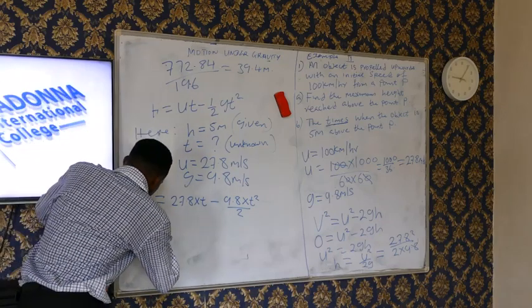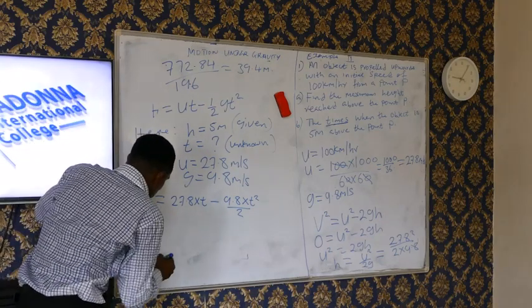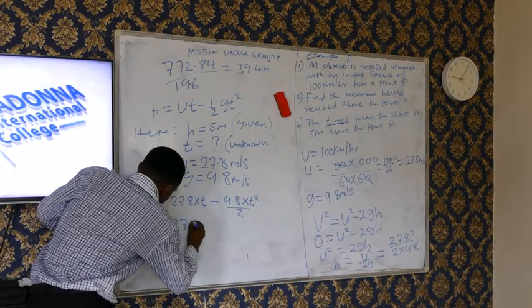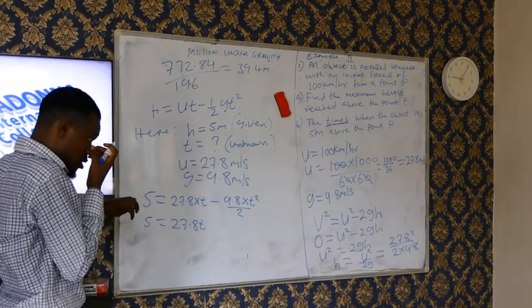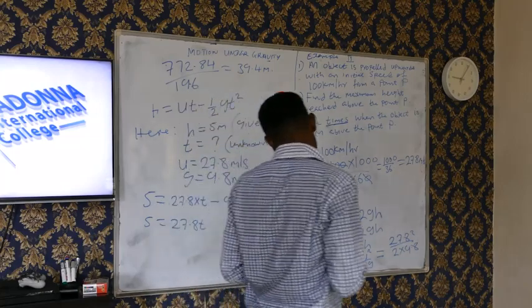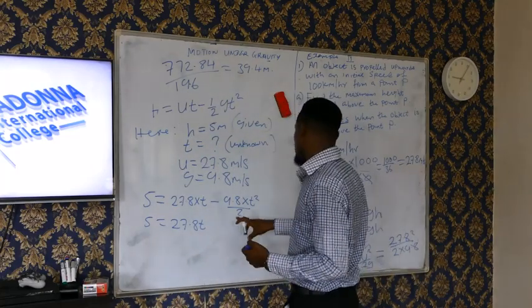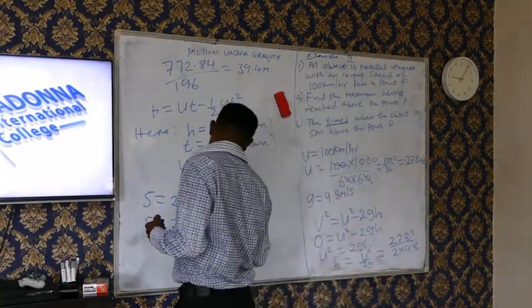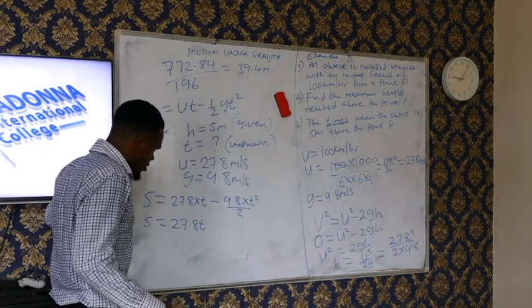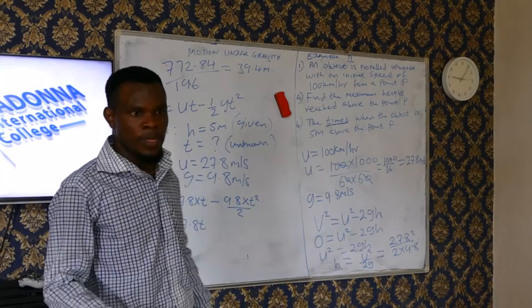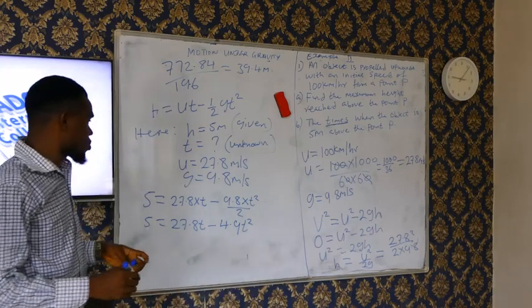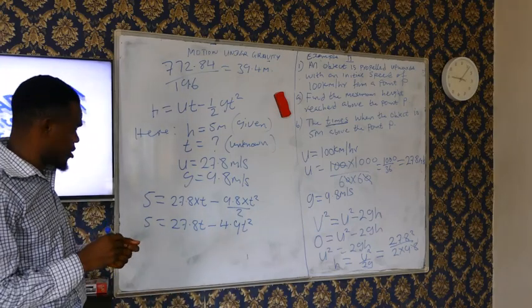So this will give us 5, if you do it correctly, equal to 27.8t. 9.8 divided by 2 will give us 4.9 t squared.